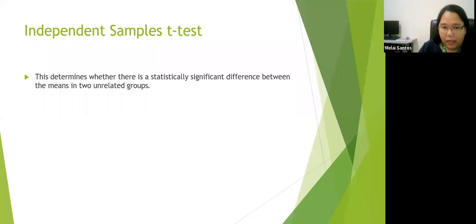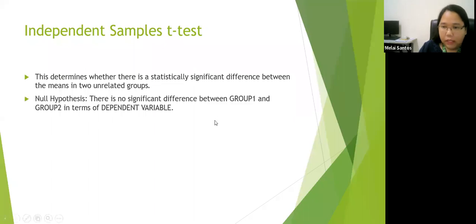The null hypothesis is that there is no significant difference between group 1 and group 2 in terms of the dependent variable. Just like your gender, what you will be testing in the sex, wherein there is no significant difference between this variable and the sex of the respondents. So that's the independent samples t-test. There are two groups that you're going to test.